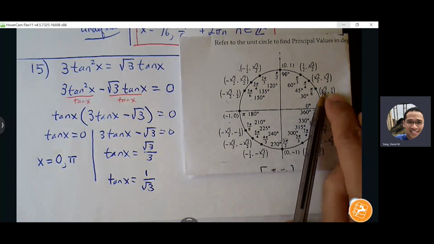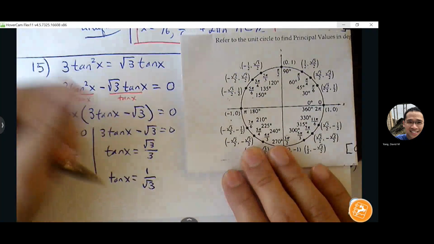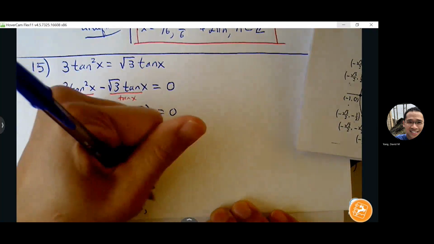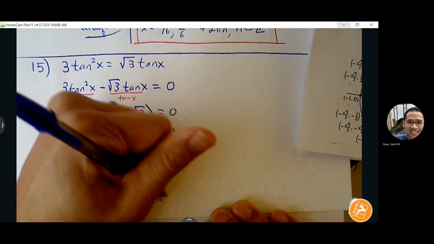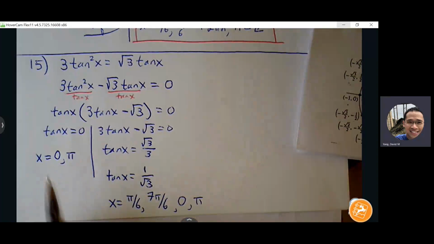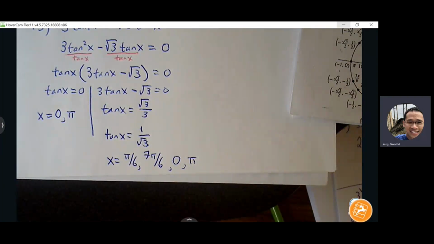It's in that pi over 6 family. Okay, so I'm going to include 0 and pi so that I can add the 2 pi. On the graph part, that's good. That's perfect. Thank you.